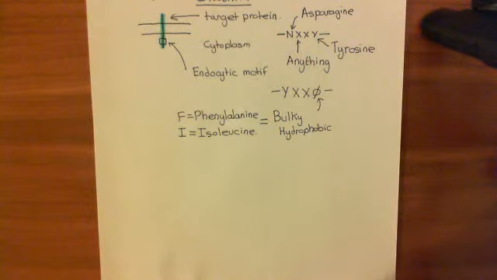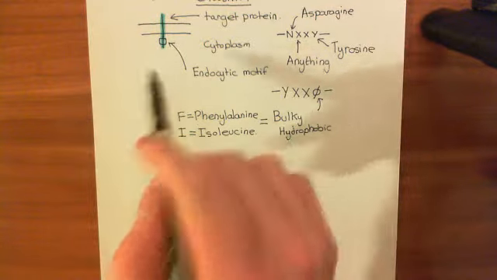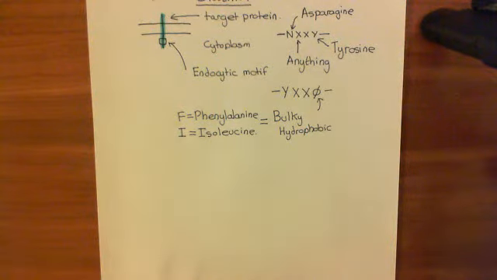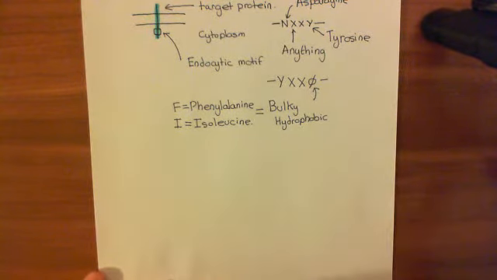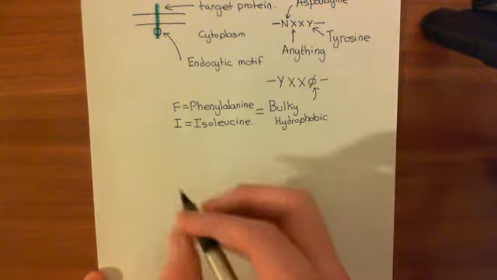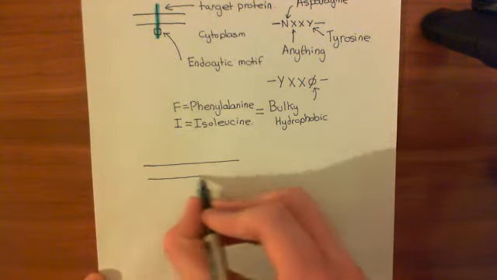We discussed then that adapter protein complexes are going to come and bind to this endocytic motif. Firstly, we discussed how these adapter protein complexes are recruited to the plasma membrane. So let's say we have our plasma membrane here.